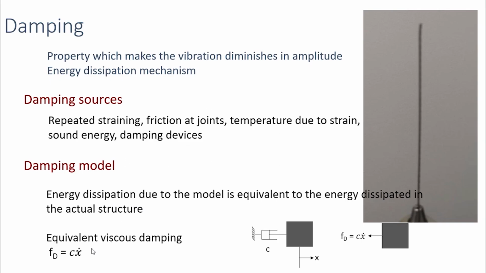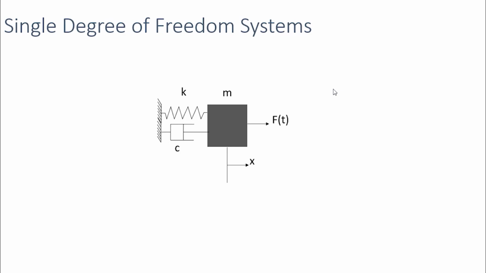So, we will learn about damping in detail in this course. So, at this moment, we just have to understand that we are using an equivalent damping and that viscous damping is a function of velocity. So, a single degree of freedom system can be represented like this.